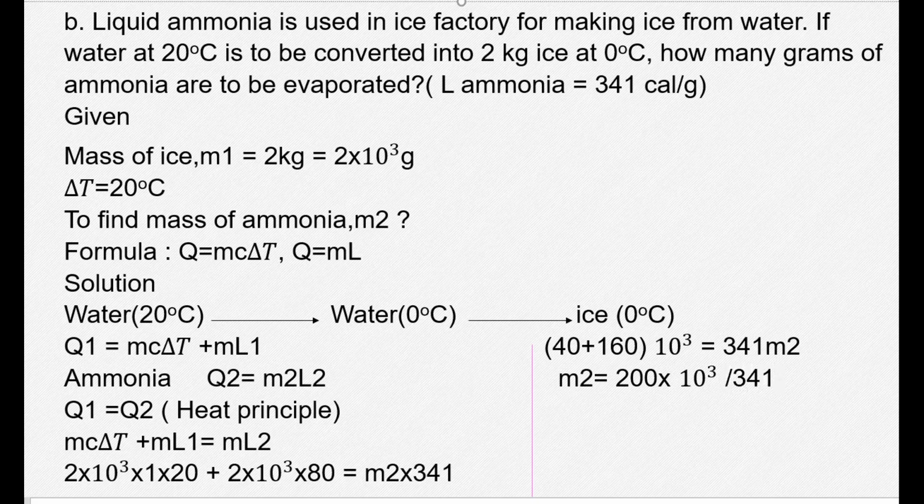What is 200 divided by 341? That is, M2 is equal to 586.5 gram. This is the mass of ammonia. Understood? I hope you all understood this numerical. If you want, take the screenshot.